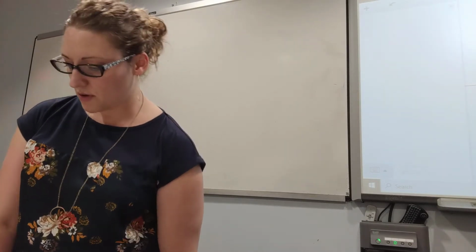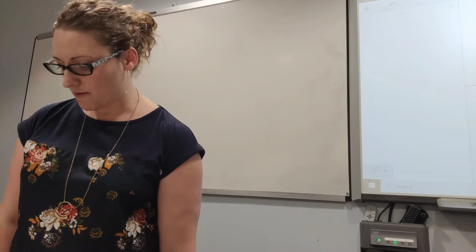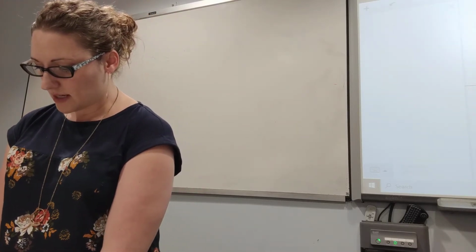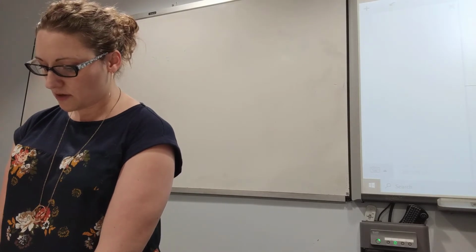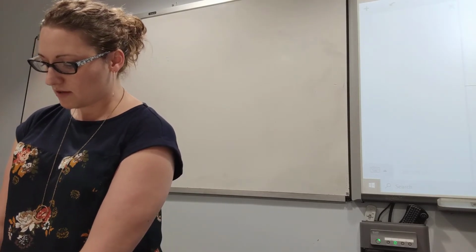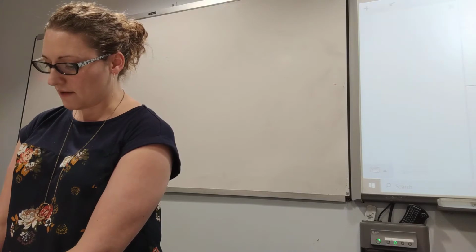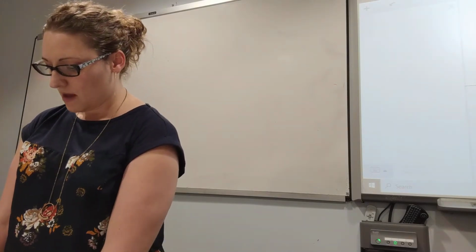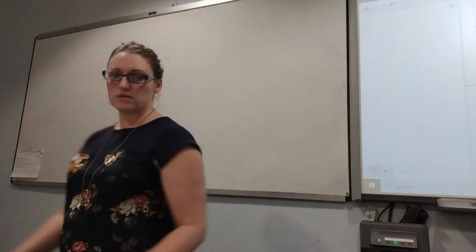If you look at example 1 on 5.5, page 319, they have you write an equation for a parallel line. It says write the equation of the line that passes through (-3, -5) and is parallel to the given line. First, we're going to write y equals mx plus b.